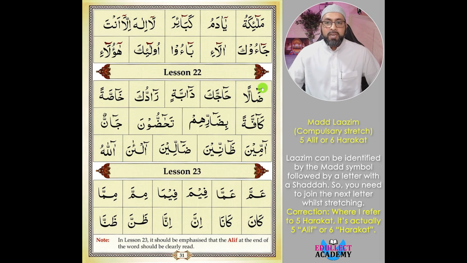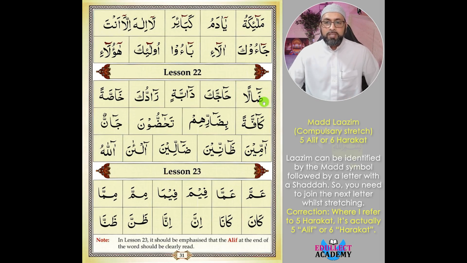Okay, so immediately after the letter that contains the mad, you have a shadda on the following letter, so you have to join it. And as a result, you have to recite that 5 harakats long.